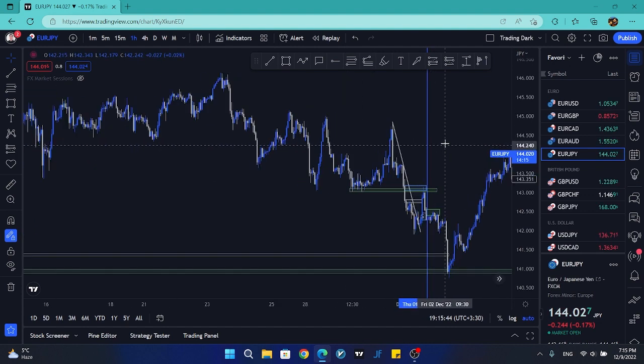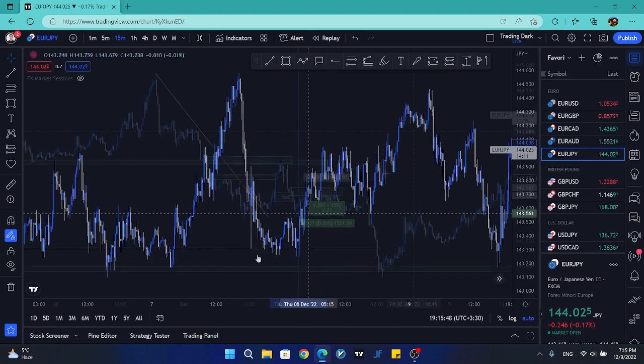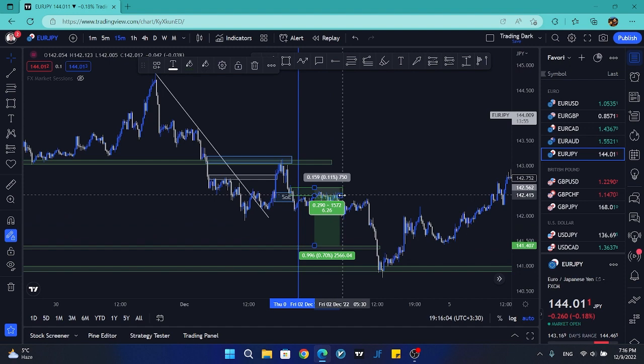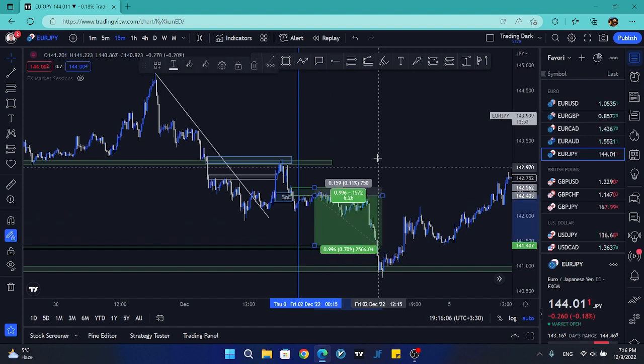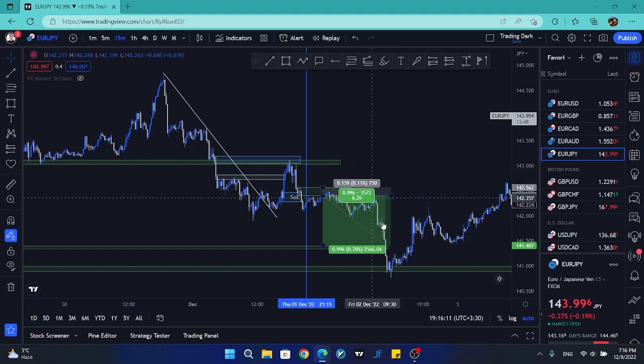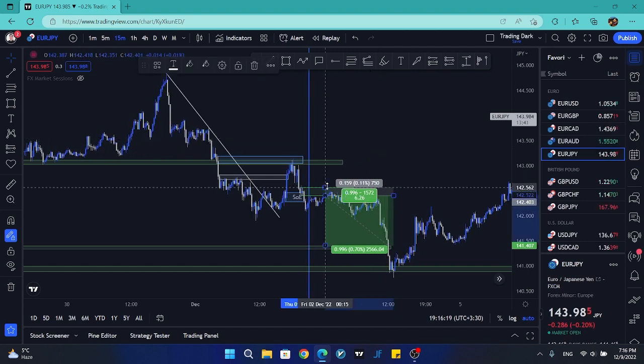So back to here and back to the 15-minute time frame. Here I moved my target to there. You may notice some ratios, like the risk reward ratio here, different from what I posted on the Instagram, but it's not really important.